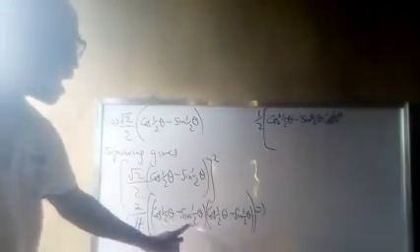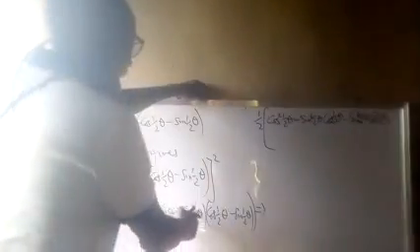Then minus sine half theta cos half theta. Then the last one is minus sine half theta times minus sine half theta, that is plus sine square half theta.